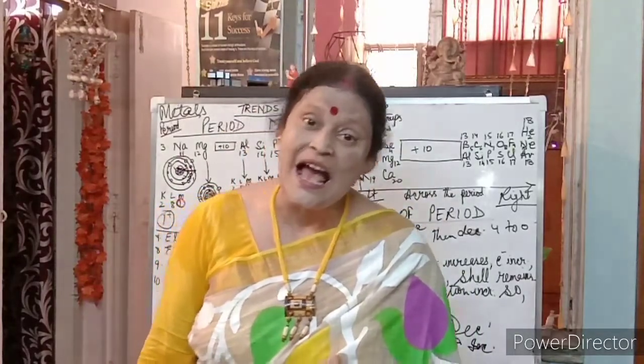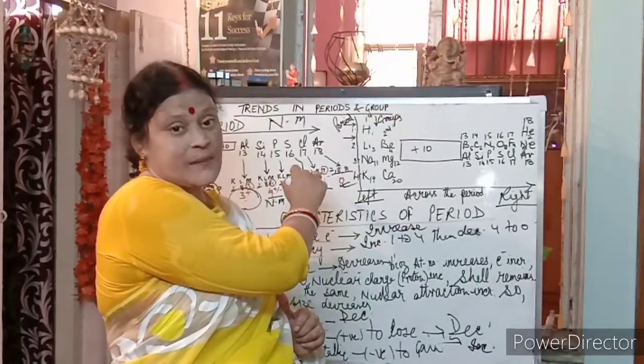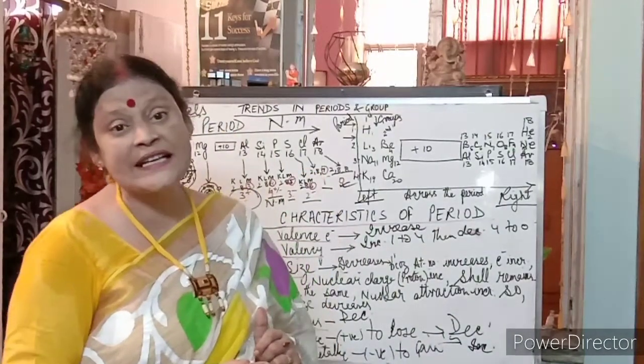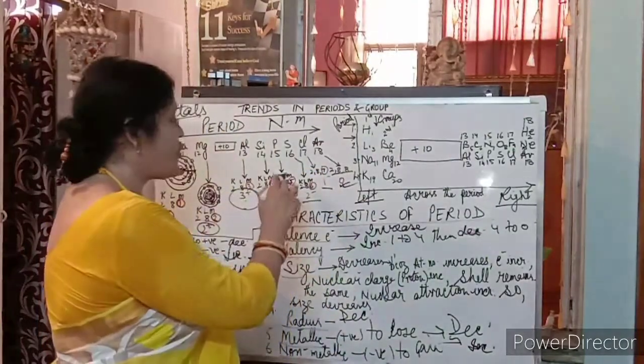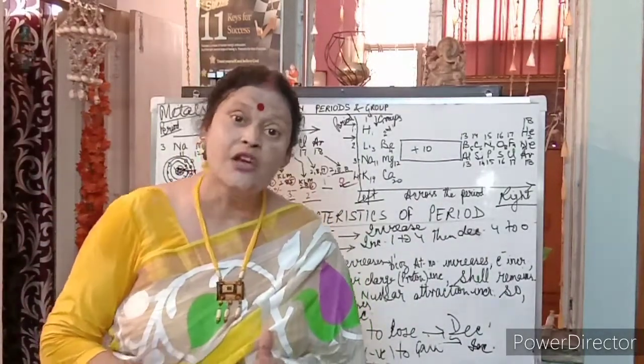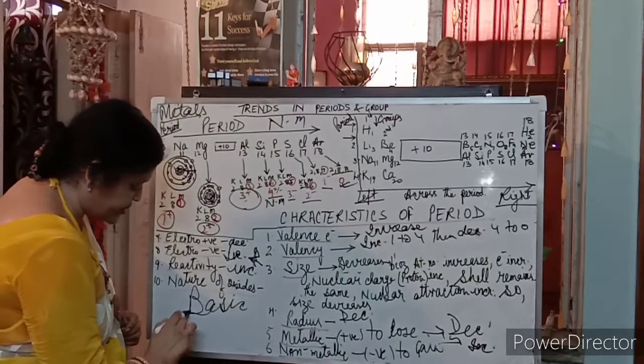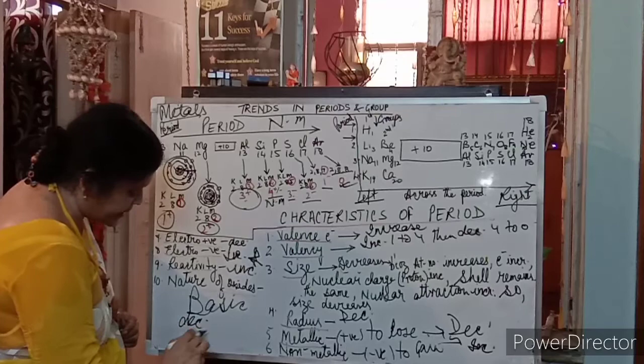Basic oxides. And across the period, basic oxide decreases and acidic oxide increases because non-metallic character is increasing. So basic character decreases means metallic is decreasing and non-metallic increases.